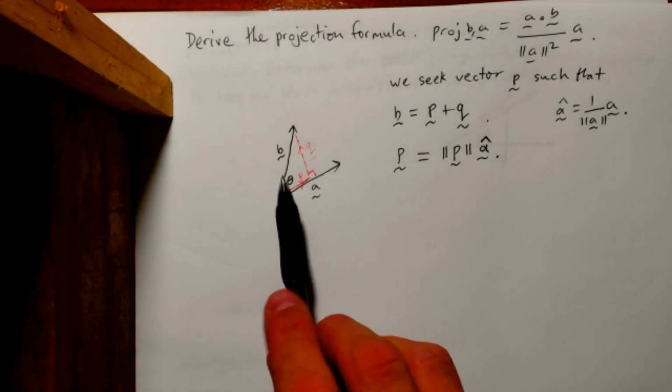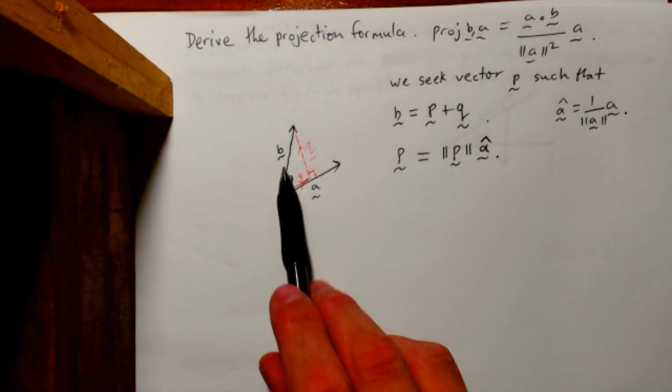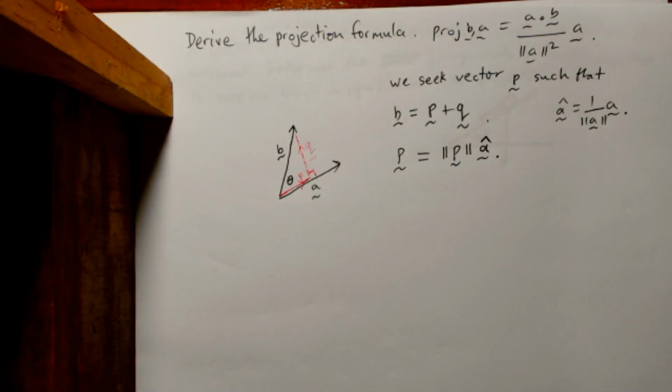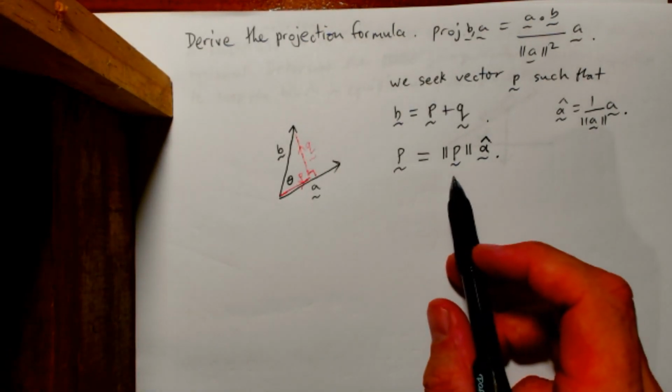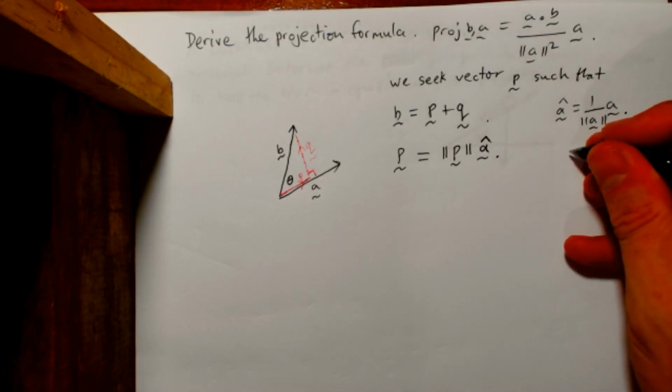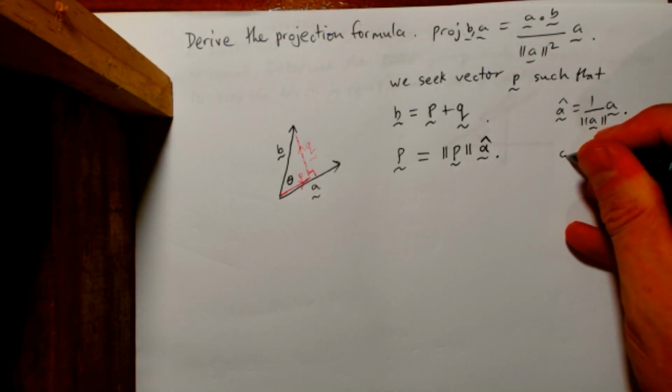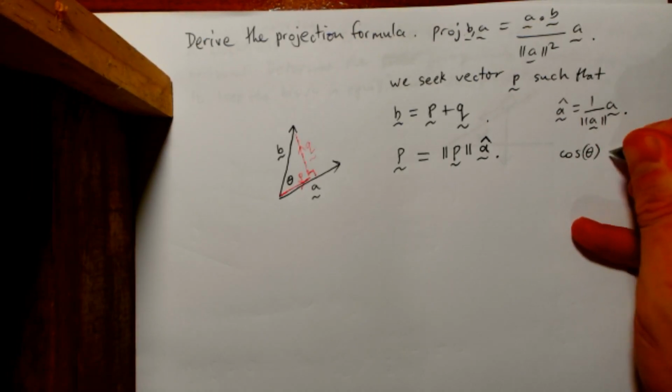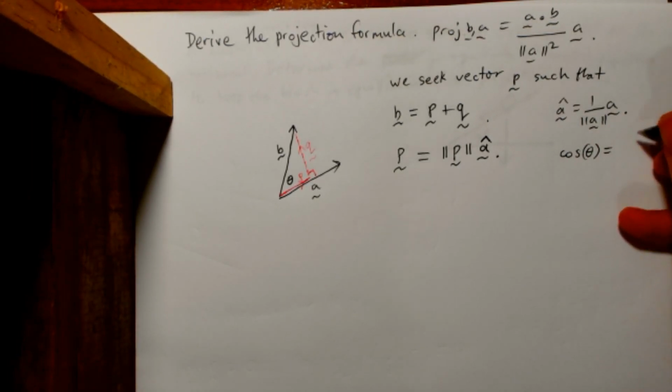Now that we've got that, let's fill in a few more details, because we've written in an angle here, and I can relate that to the magnitude of B using the cosine. So cos of theta is adjacent over hypotenuse.